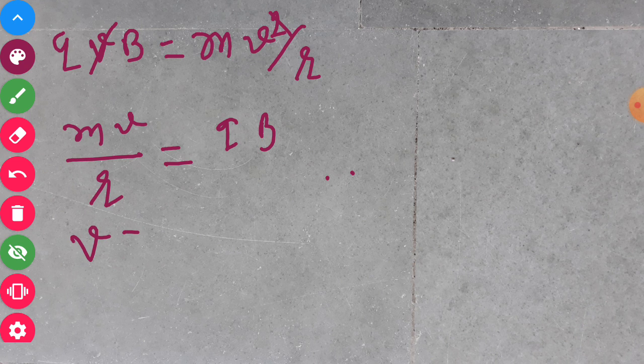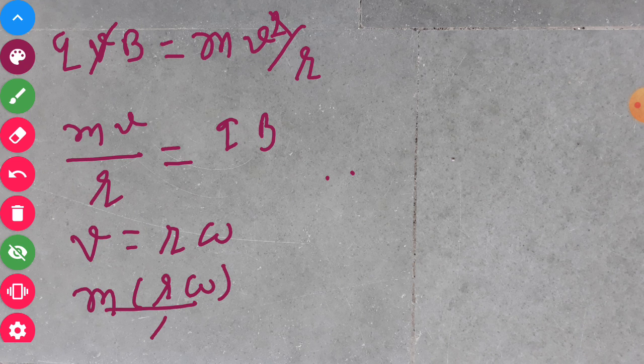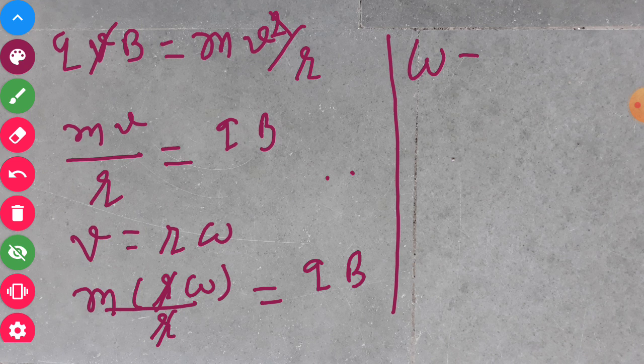As you know, v is equal to r omega, so we can write m into r omega upon r is equal to qB. So the radius here will be cancelled out, and if you make omega the subject of the formula, then omega will be equal to qB upon m.